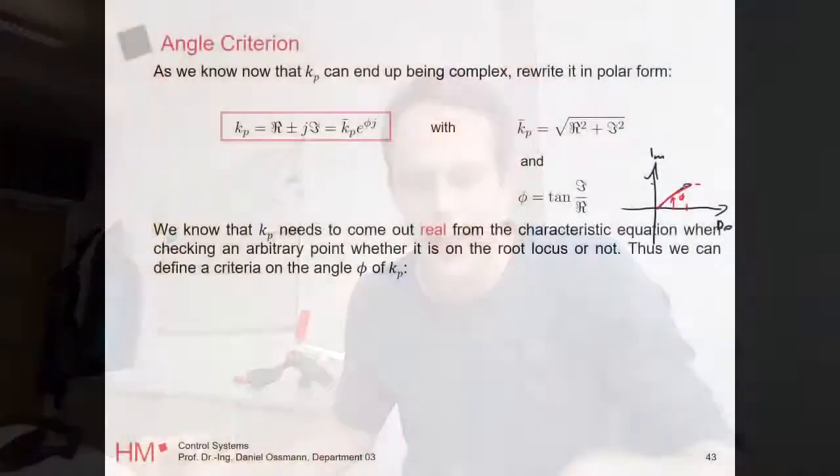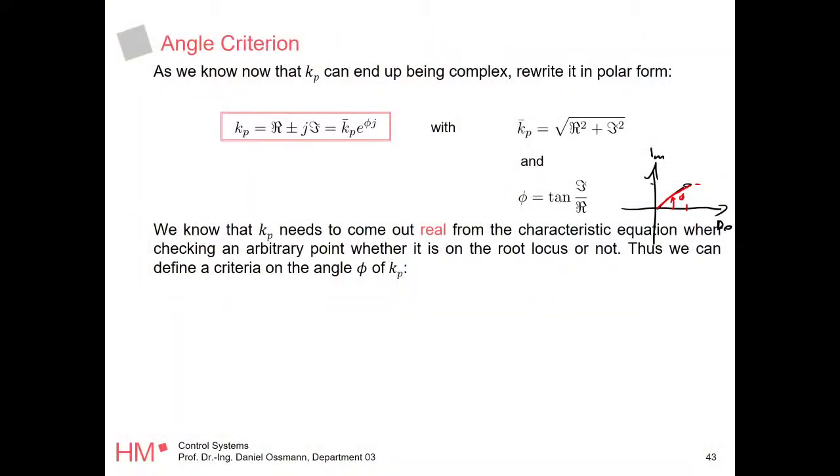Well, the fact that it needs to be real means that the angle needs to be 0 or 180 degrees, right? Because if this angle here, let's go with green, is 0 degrees, you only have a real number. If it's 180 degrees, you have a real number which is negative.